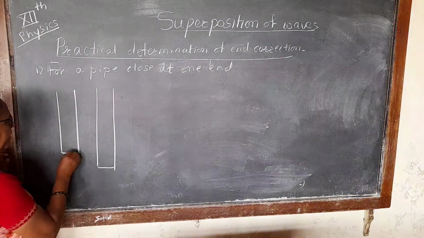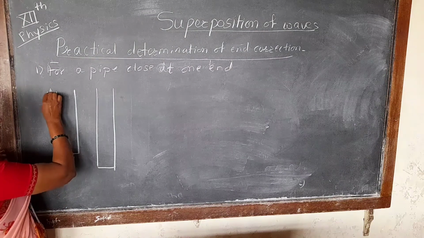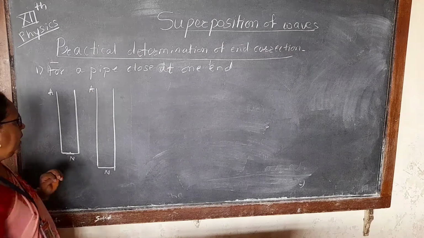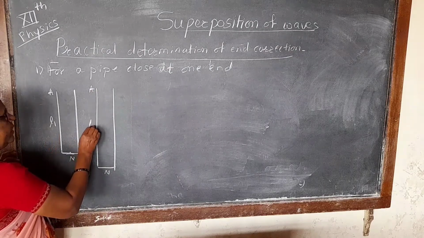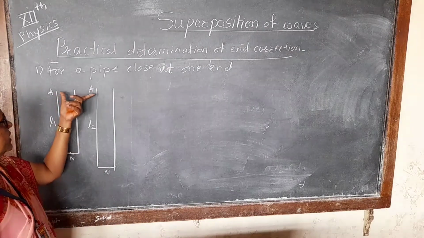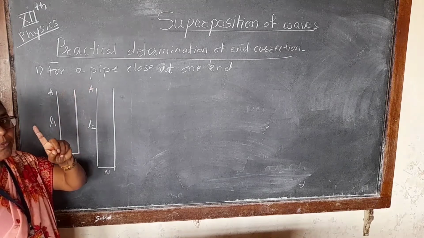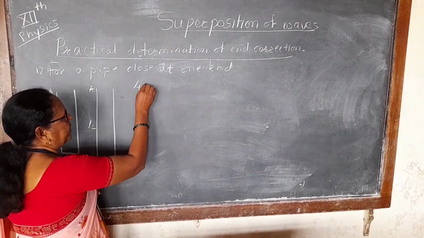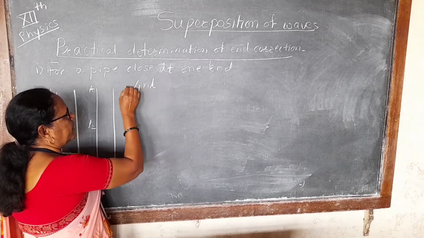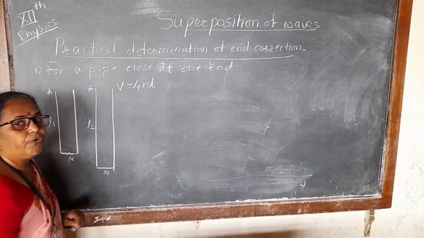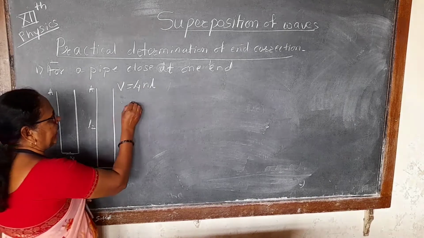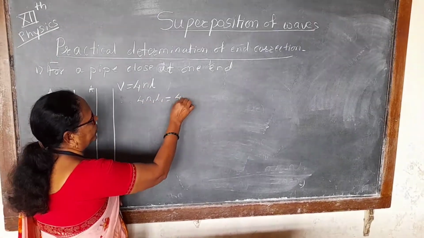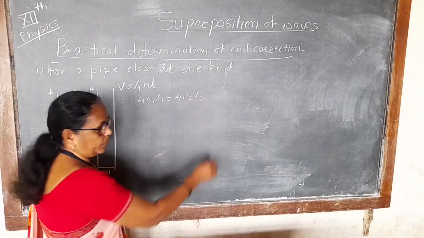Here will be the node and here will be the antinode, here the node and here the antinode. Now if L1 is the length and L2 is the length, end correction will be added at only one end. So for a pipe closed at one end, the velocity of sound V is equal to 4NL. So you get 4 N1 L1 equals 4 N2 L2.